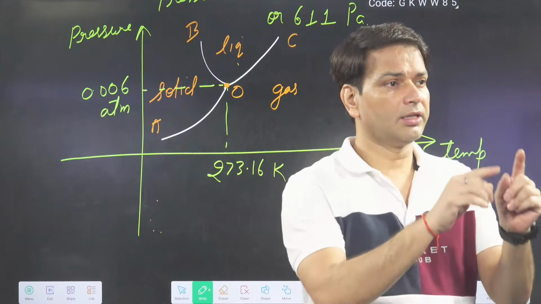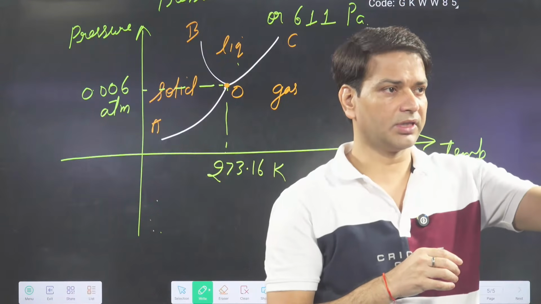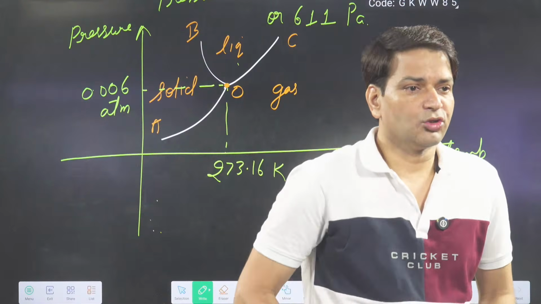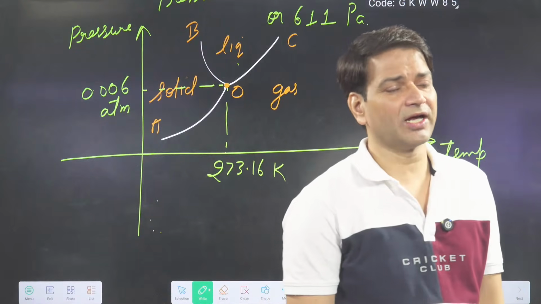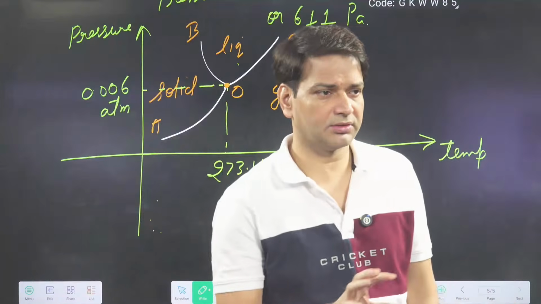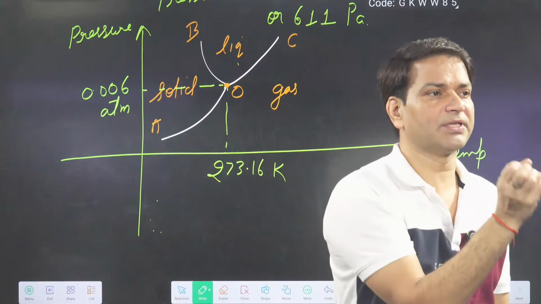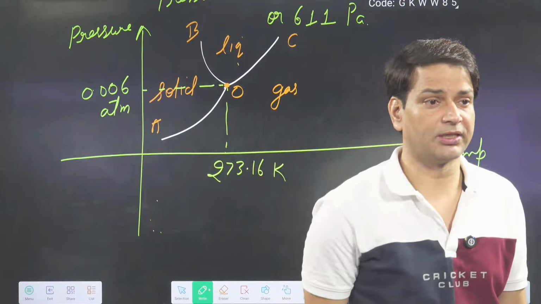Okay, now I have shown the three curves OP, OC, and OA. Next type of question is what? They can ask which curve OA represents, which curve OB represents, which curve OC represents.